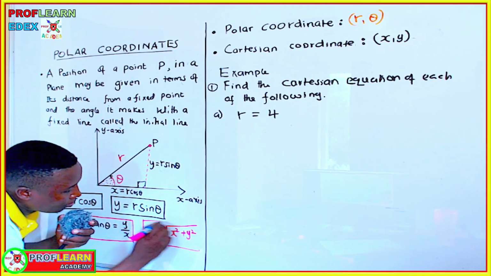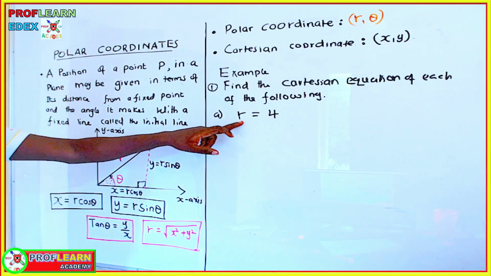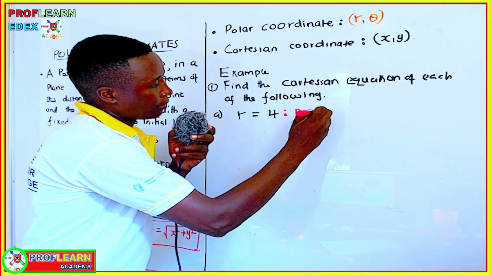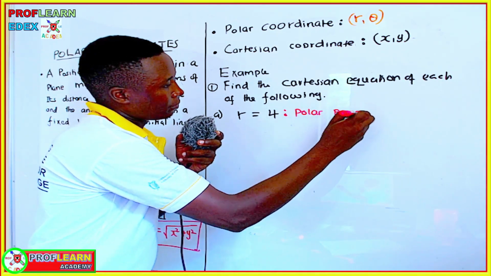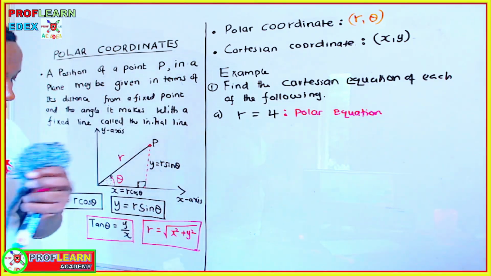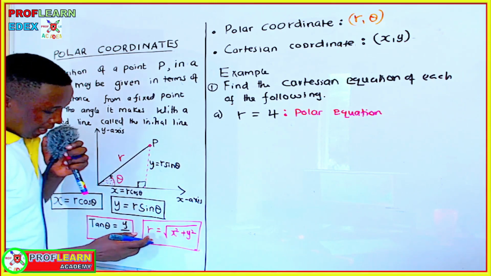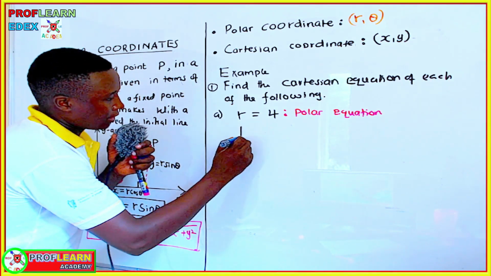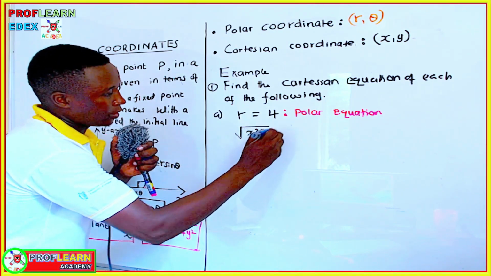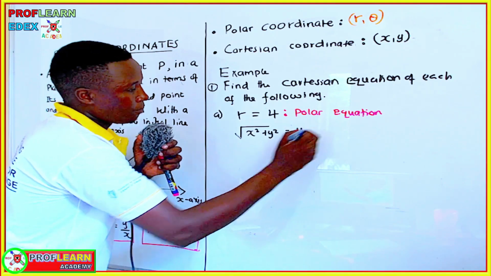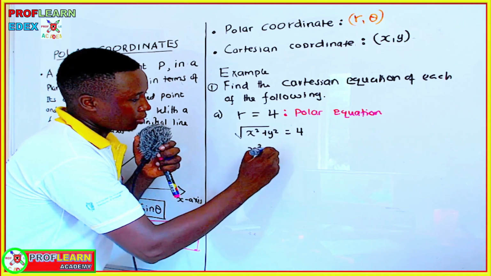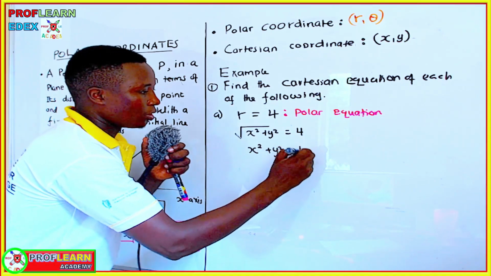So if you are told r equals 4, which is a polar equation, in order to convert it to the Cartesian equation, r is the square root of x squared plus y squared equals 4. We square both sides, and this ends up being x squared plus y squared equals 16.